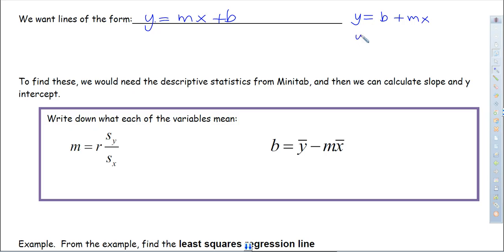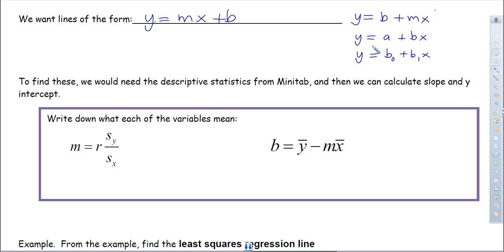And different programs do different things. You might see this as a plus bx. You might see this as y equals b naught plus b1 times x. So different programs give different things. This is just reversing it.